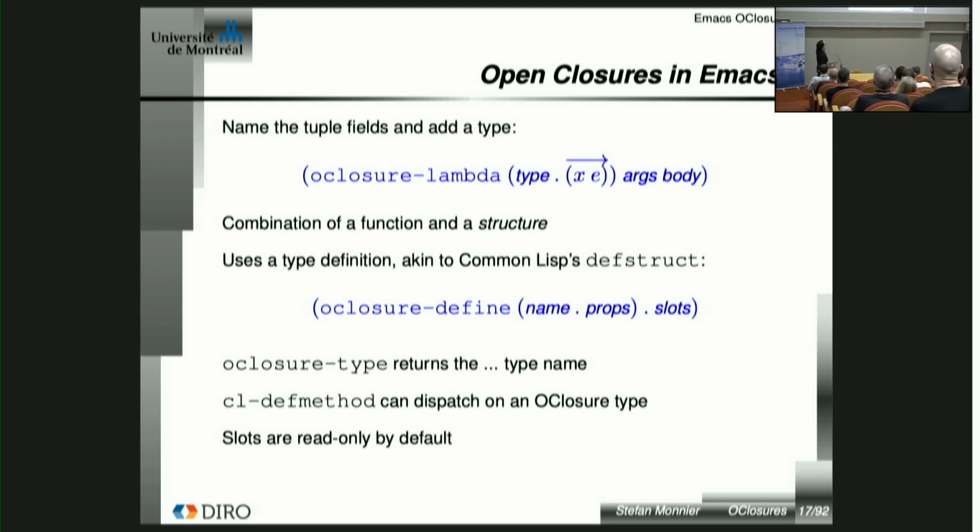Just one detail, slots are read-only by default. This is quite unusual for Emacs. Not unusual for me since I work mostly in pure languages, so that's probably the reason. But there's a technical reason behind this, which is that mutable slots are significantly more expensive.